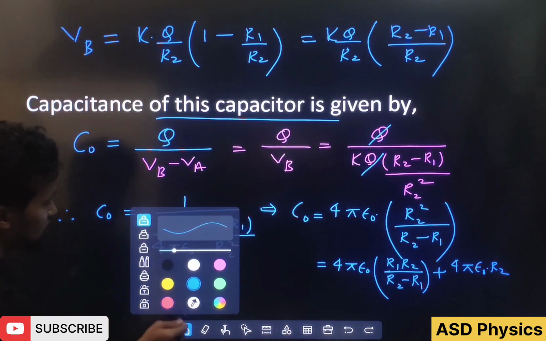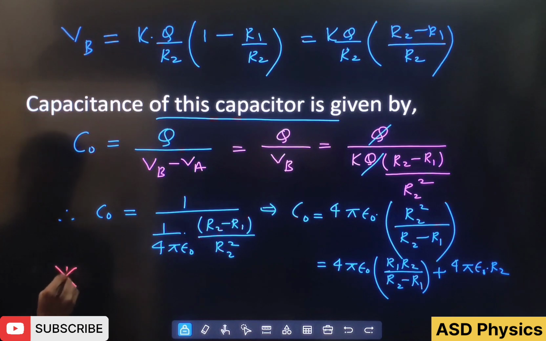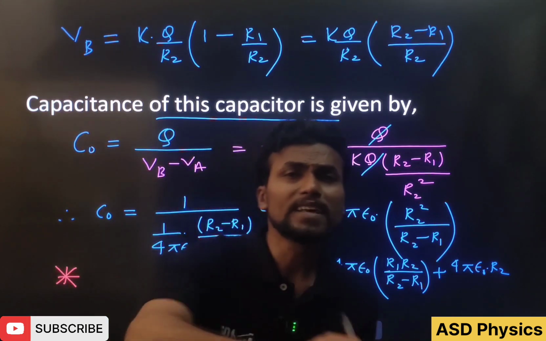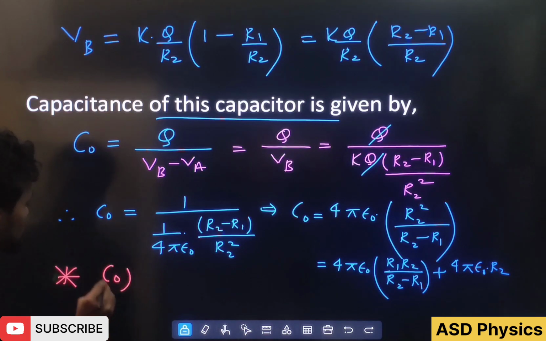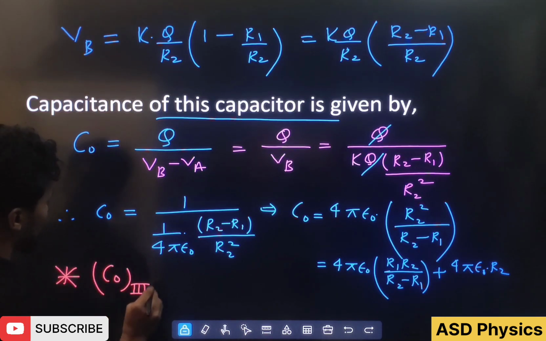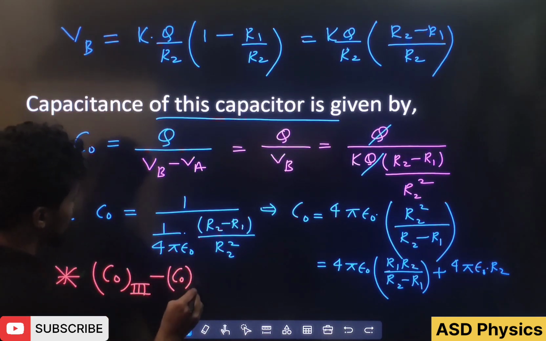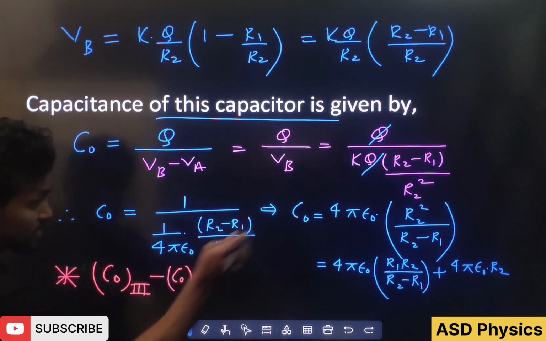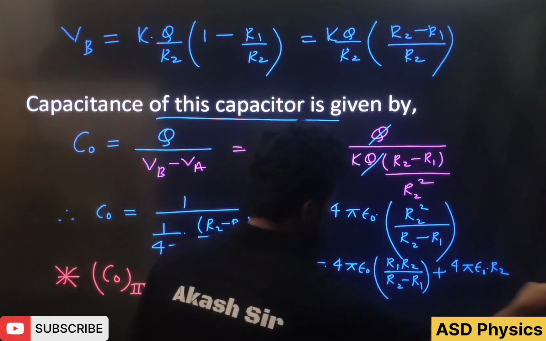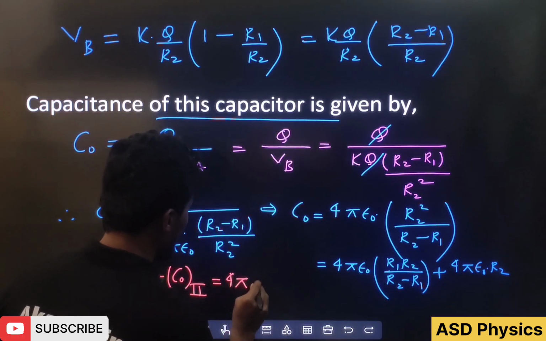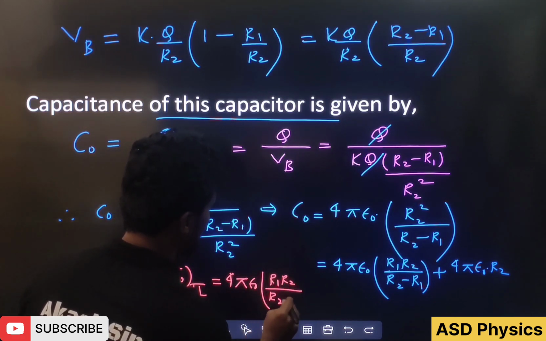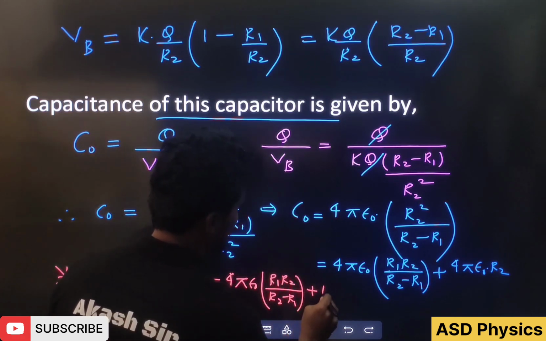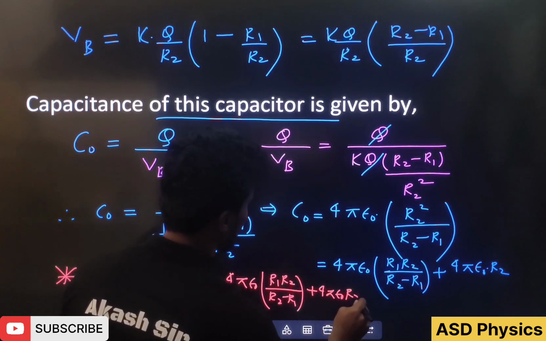Sometimes a question used to come: they will ask the difference of the capacitance between the third case and the second case. So C naught third case minus C naught second case. C naught third case we know very well: 4 pi epsilon naught R1 R2 by R2 minus R1, plus 4 pi epsilon naught R2.